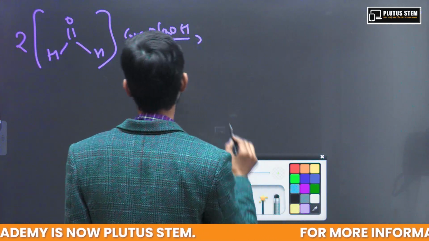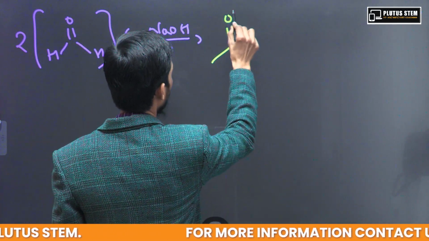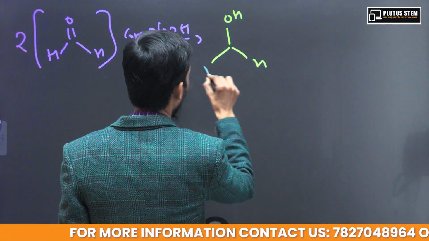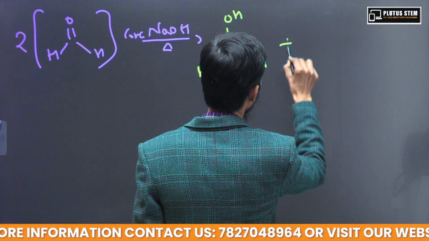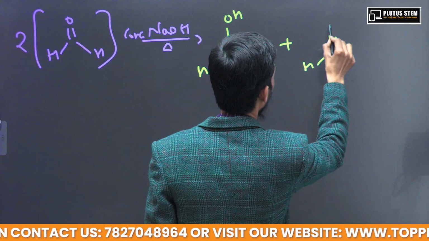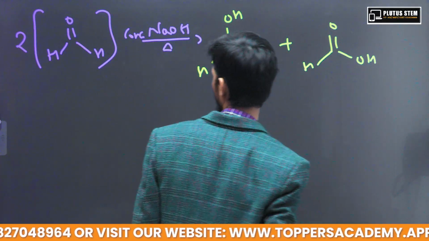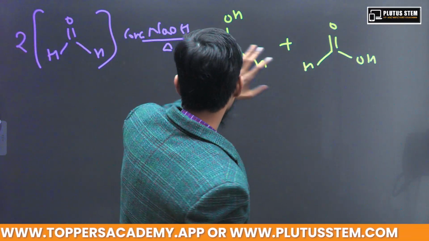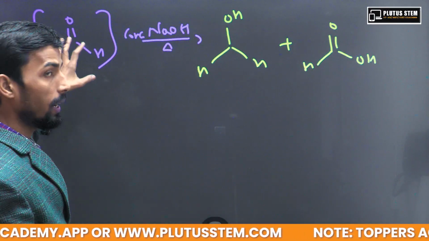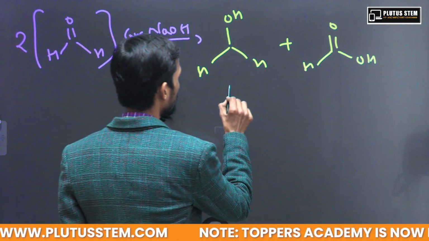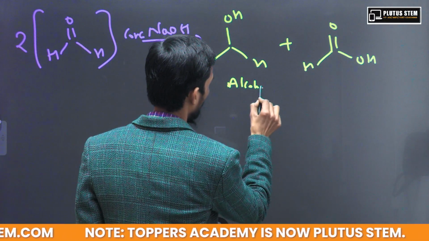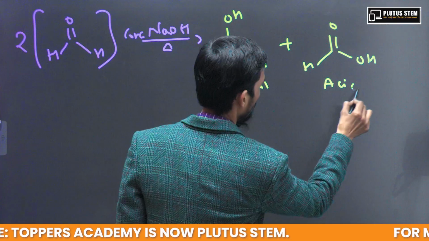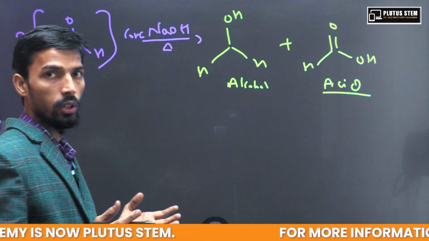One moiety is oxidized and one moiety is reduced, giving HCOOH. If you oxidize it, one oxygen is added, giving COOH, and if you reduce it, it becomes the alcohol. So alcohol plus acid. How is this reaction going to proceed?